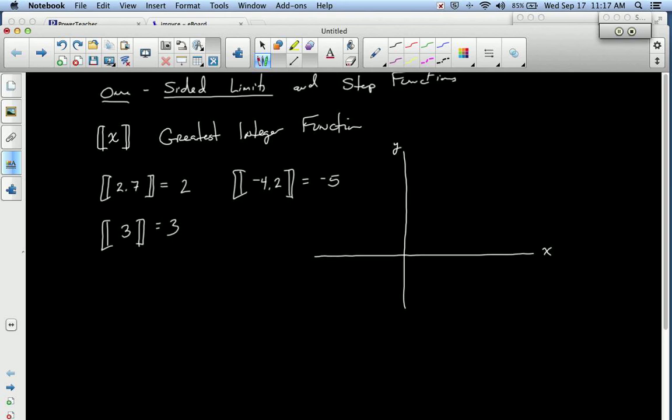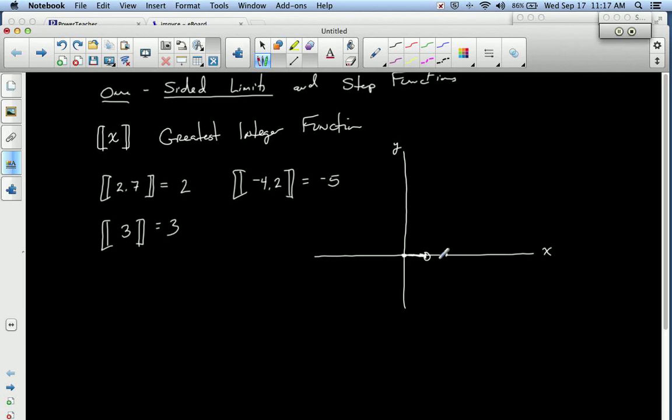So as I take values between 0 and 1, the greatest integer less than or equal to values between 0 and 1 is 0. So when I put 0 in, that's the "equal to," I get 0. But between 0 and 1, I'm getting values of 0. Open circle at 1.